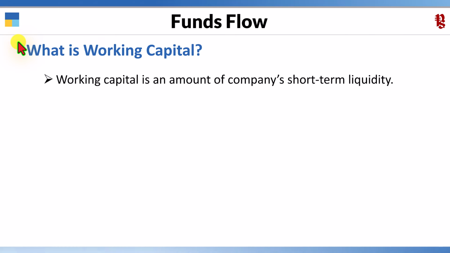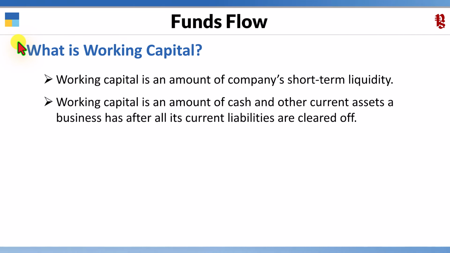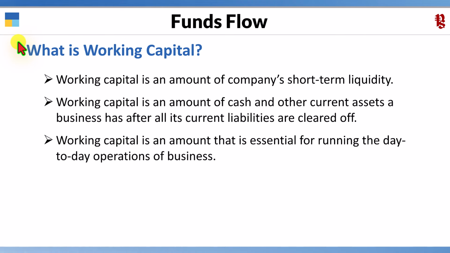Working capital is an amount of company's short-term liquidity, which means working capital is an amount of cash and other current assets a business has after all its current liabilities are cleared off. Working capital is an amount that is essential for running the day-to-day operations of a business.